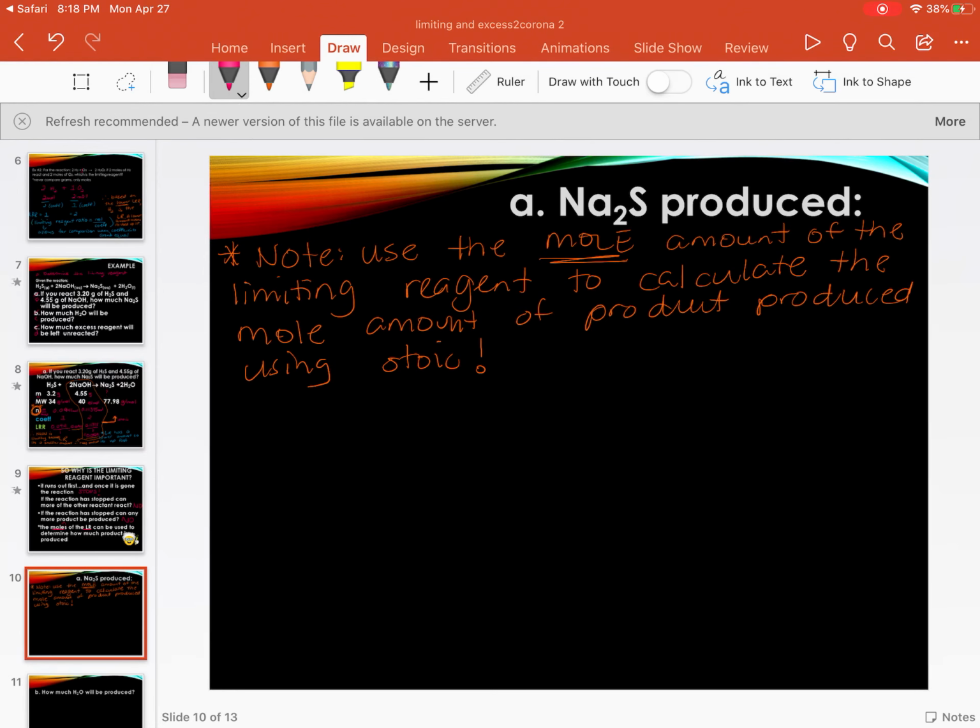Okay. All right, so we are looking for A or B, depends how you look at it. We're looking for Na2S, so similar to what we did before. How many moles of Na2S? Its coefficient is 1.